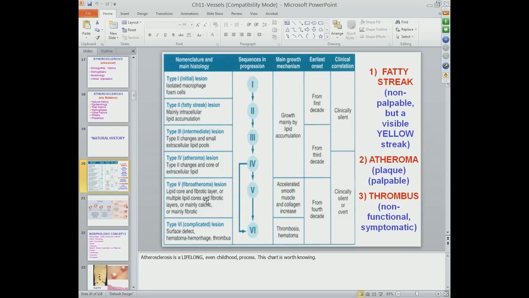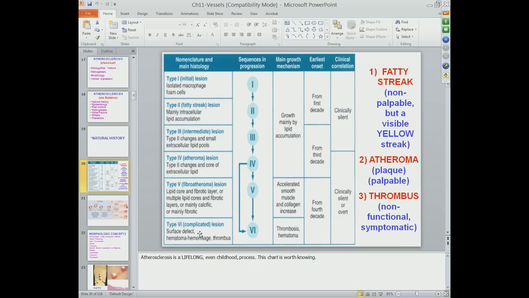Now in this stage, it's an accelerated phase, and now there's more smooth muscle migrating into the intima from the media. There's more collagen, and like anything in the body, when there is an inflammatory response, which of course this is, you can then end it with fibrosis. You could then end it with calcification.